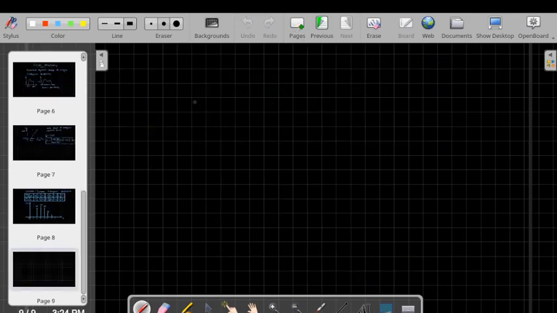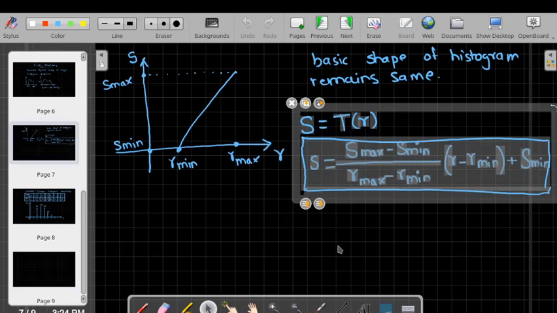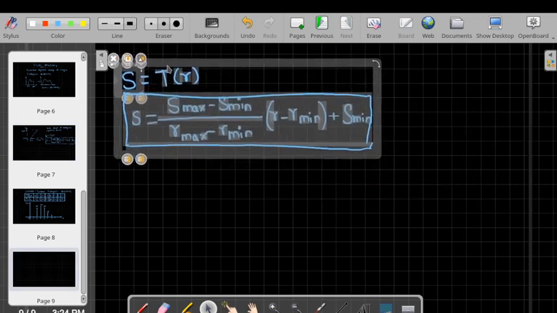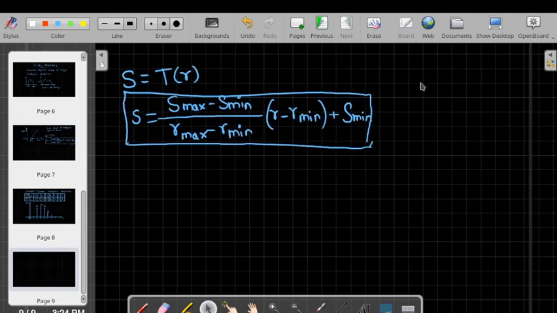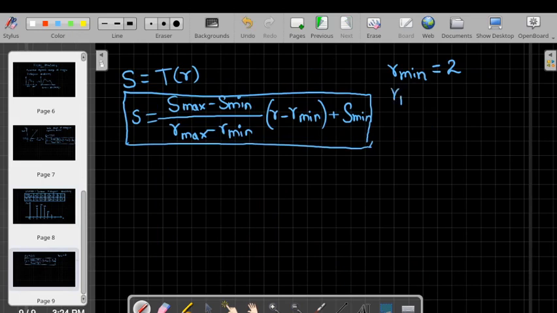Now we'll use this particular equation. I'll write it down here. From our given data we can write the original minimum value, r min. The minimum gray level available is 2 and the maximum gray level available is 6. So r min is 2, r max is 6.